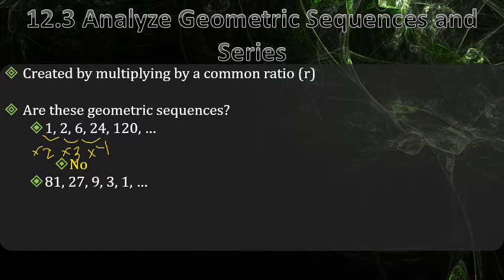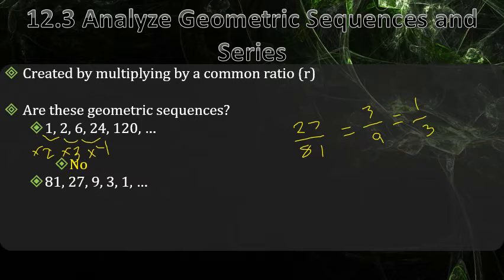How about this one? Boy, I don't know what I'm multiplying by. So I can take one of the numbers, say the 27, and divide it by its previous number, the 81. And we reduce. If we reduce by, say, 9, that'd be 3 over 9. Oh, wait, that is 1 over 3.